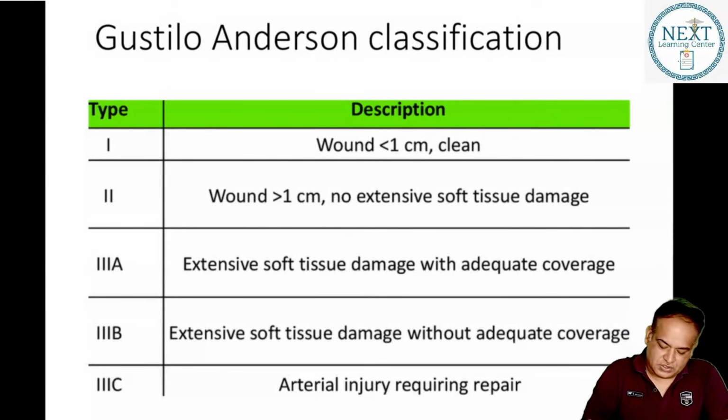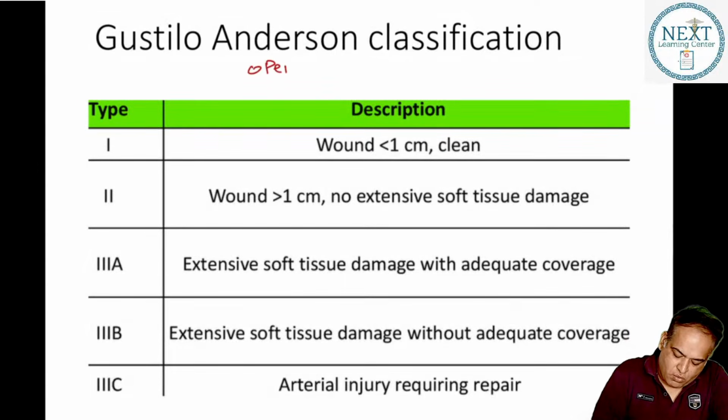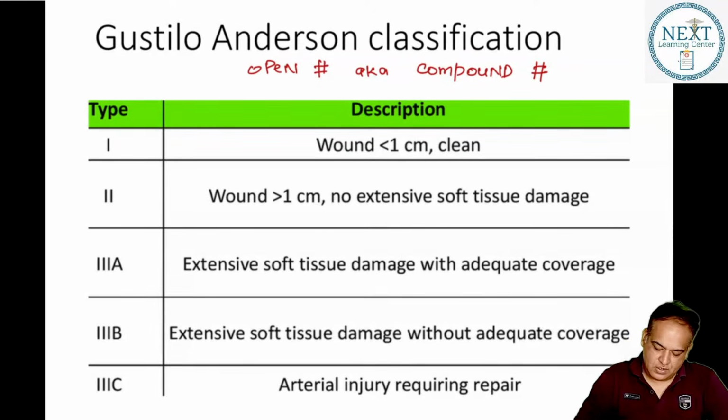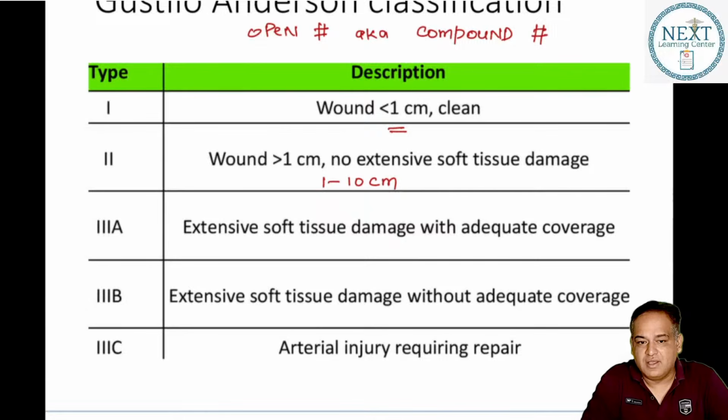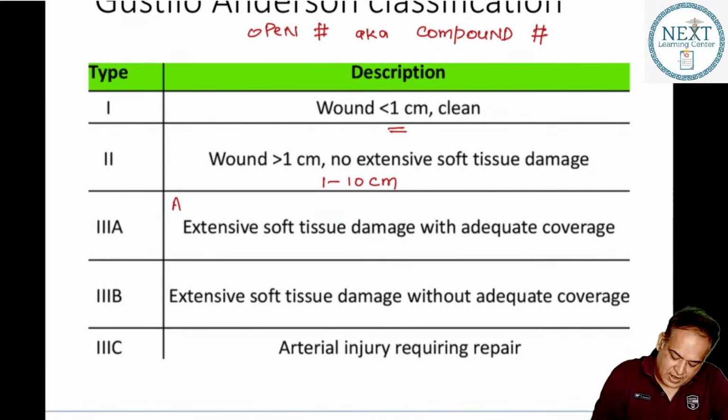Gustilo-Anderson classification. This is for open fracture, which is also known as compound fracture. So you see here we have got different types. One, the wound is less than 1 centimeter. Two, the wound is between 1 to 10 centimeter. And third, there is a big wound, A, B, C. Fine.